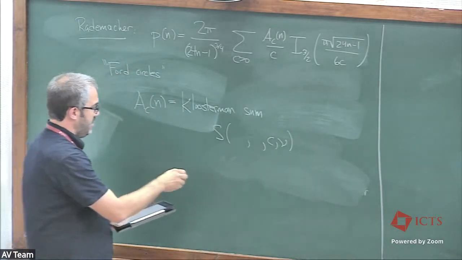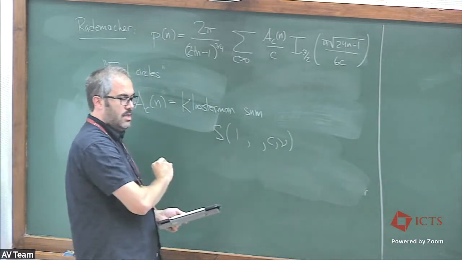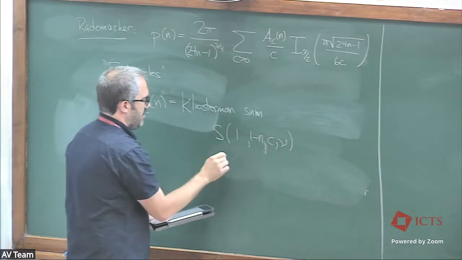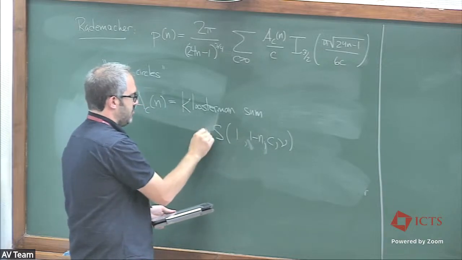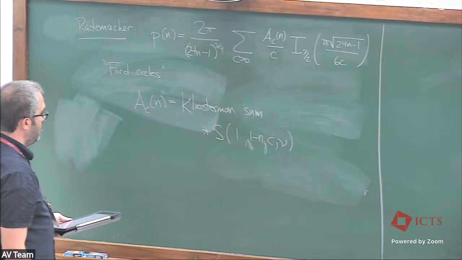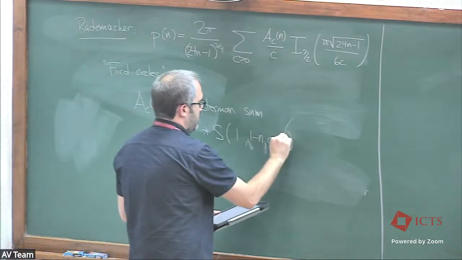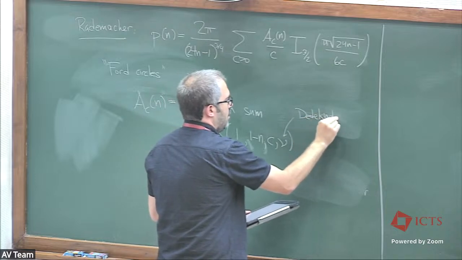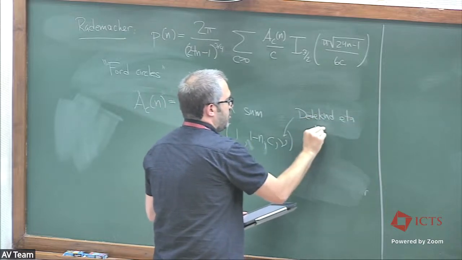And for A_c of n, you plug in m equals 1 and n equals really 1 minus n. And then I think maybe you're off by some root of unity here, so I'll just ignore that. But we've seen this already, and here this is the Dedekind eta multiplier system.